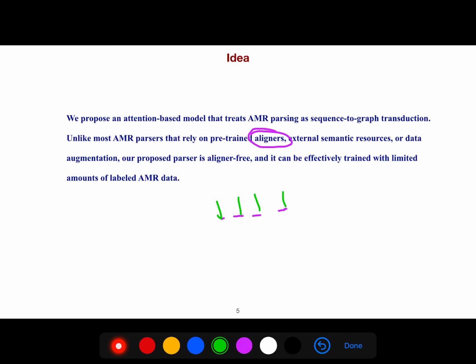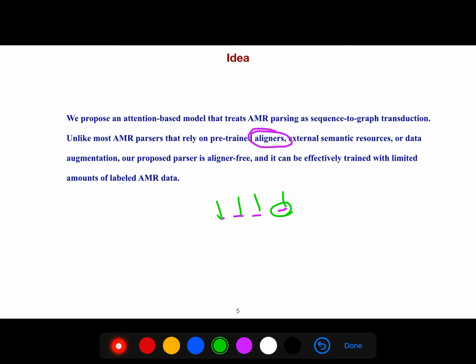For example, you have done it in part of speech tagging, semantic tagging, and named entity recognition tagging. Many of those things are one-to-one correspondence. But the problem of AMR is that sometimes one thing is repeated several times. So it's not that easy, and the alignment is not one-to-one.